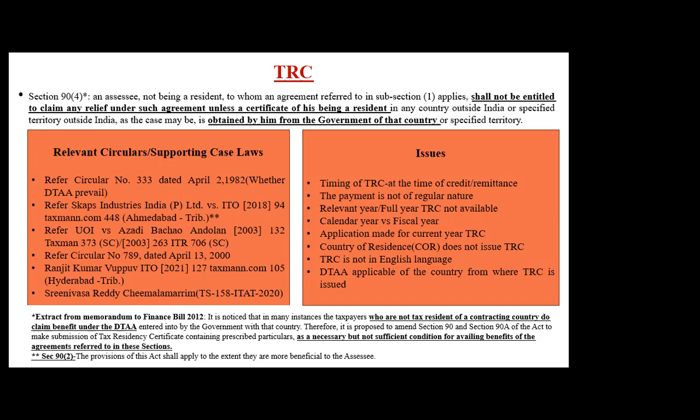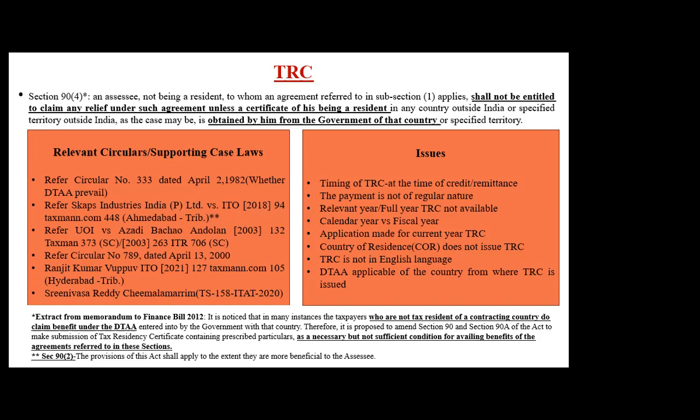They said that under section 90 subsection 4, you have to bring a TRC to claim the benefit. But in addition, it also says that this TRC would not be the final document. It might not be a sufficient condition to claim treaty benefit. That is also written in section 90 subsection 4. So then what is the conclusive proof? Nobody knows. Only the AO or the department knows.